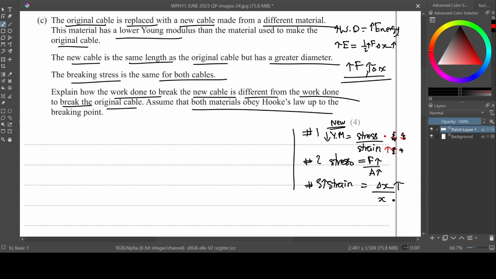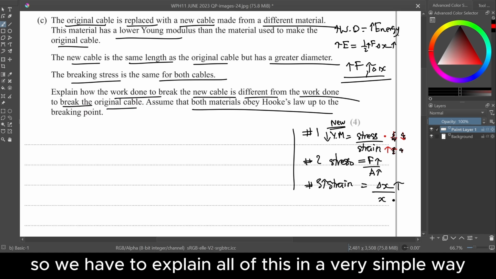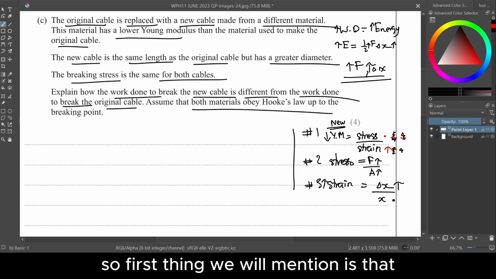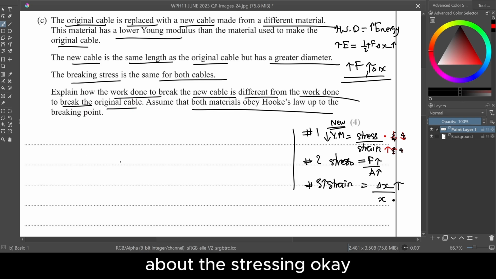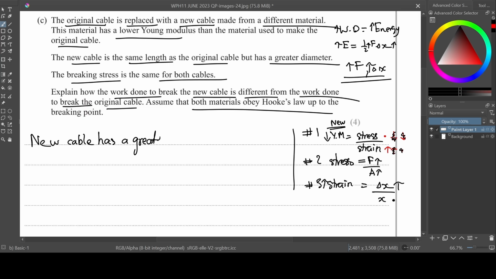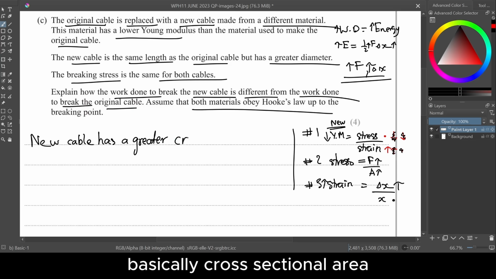That's how it is different from the original cable. Okay, so we have to explain all of this in a very simple way. So first thing we will mention is about the stress thing. What about the stress thing? That the new cable has a greater cross-sectional area.